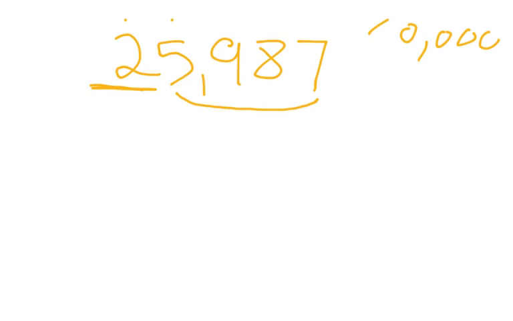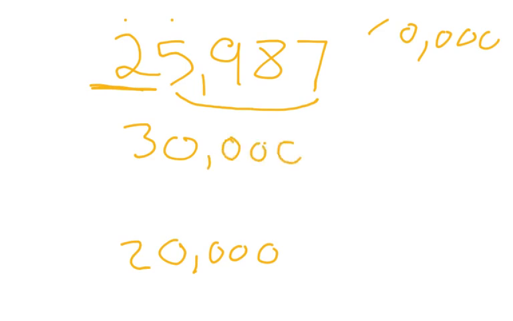So let's take a look at this. Our number is either going to be 20,000 or it would be 30,000. We've got 25,987.